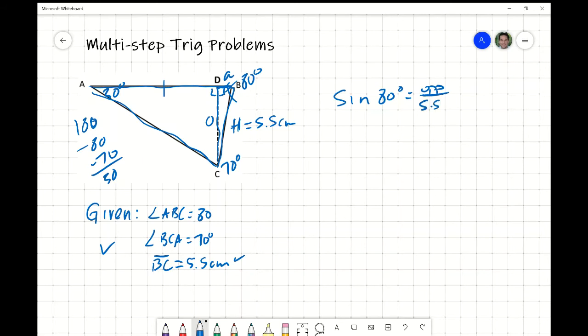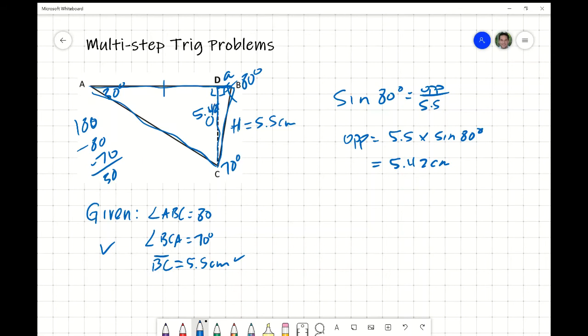Remember, when you're missing the side on top, it's just going to go straight to multiplication, so the opposite side is going to be equal to 5.5 times sine of 80. When you run that through your calculator, it looks like the opposite side, or the altitude, is 5.42 centimeters.